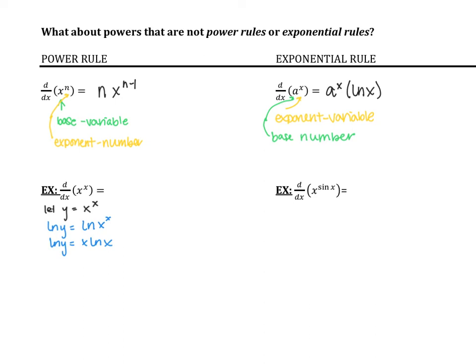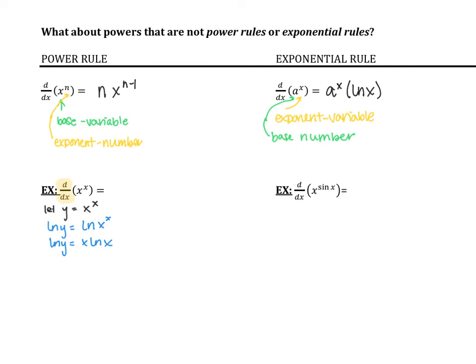Now we're going to use a technique that we'll talk about more tomorrow. Remember, my goal here, as we can see from the notation, is taking the derivative of y with respect to x. This is called implicit differentiation.